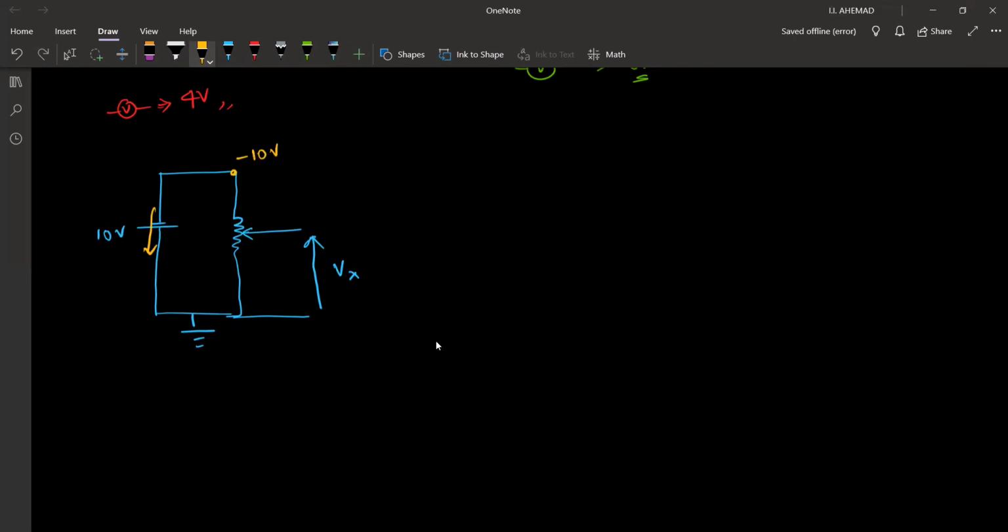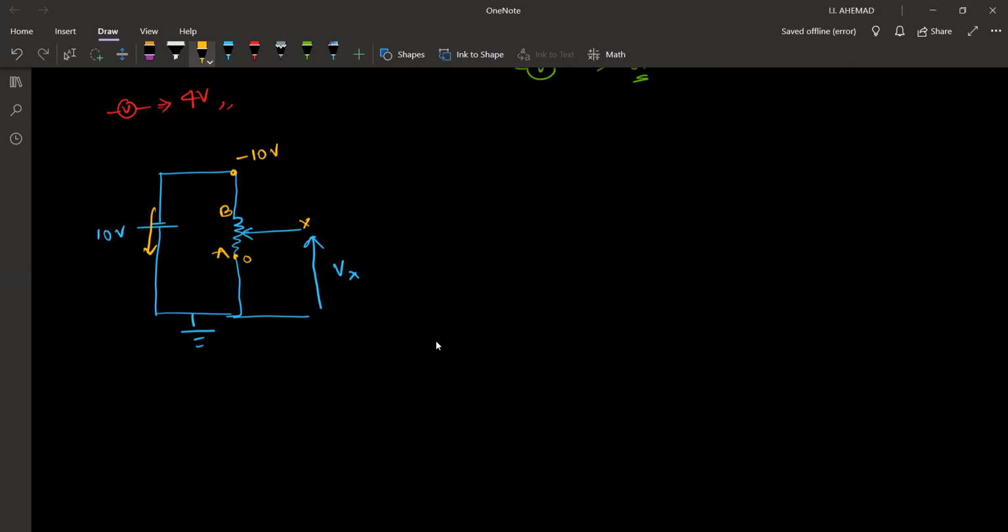So this is A, B. So, if we move the key, here the voltage is 0. The voltage at A is 0. Between A and B, you only have negative voltage.